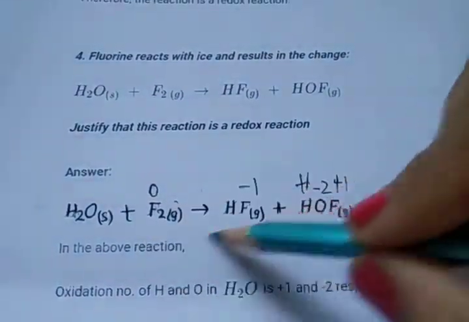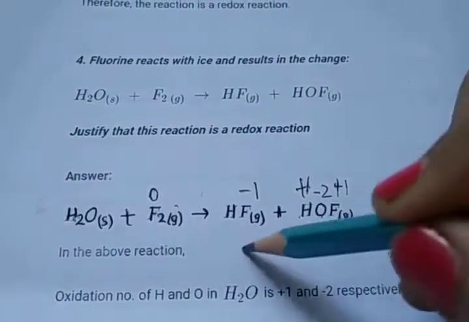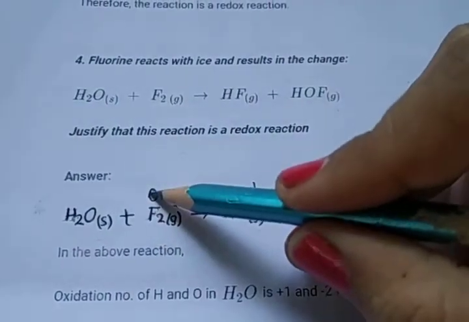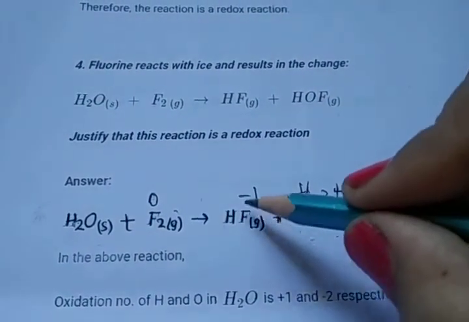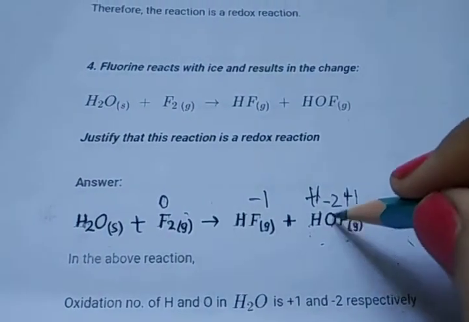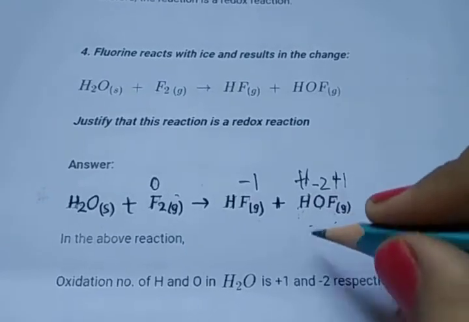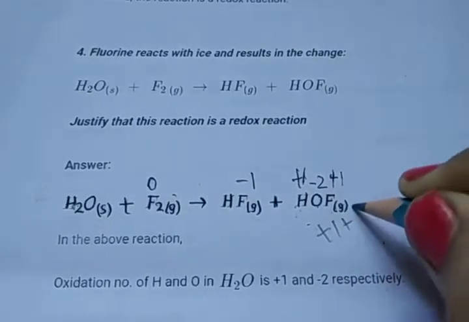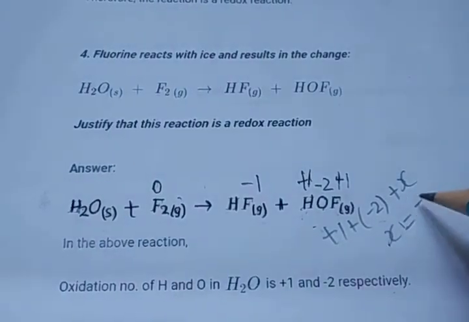So here you see a disproportionation reaction, because fluorine is on the reactant side and also in the products. Fluorine is 0, in hydrogen fluoride hydrogen is +1 so fluorine is -1. In HOF, oxygen is -2 and hydrogen +1, so fluorine: +1 -2 plus X, so X is equal to +1.